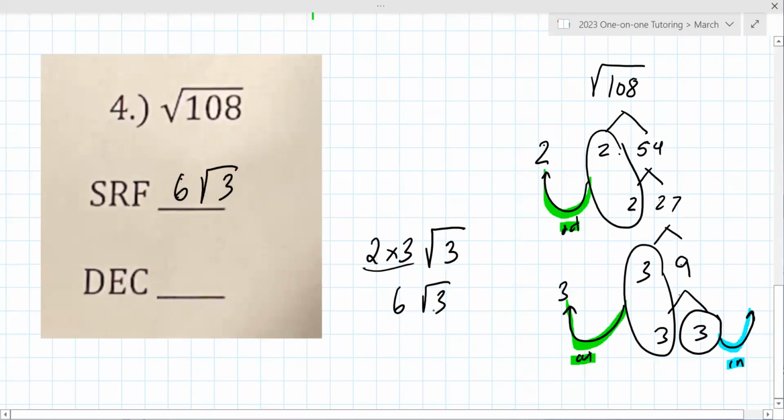All right. Now I want you to grab your calculator and calculate the square root of 108 and round to 1 decimal place.